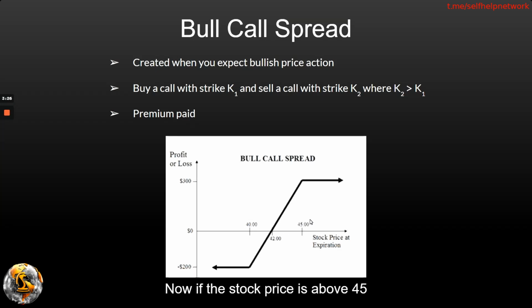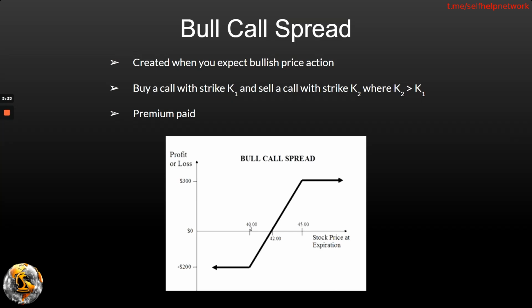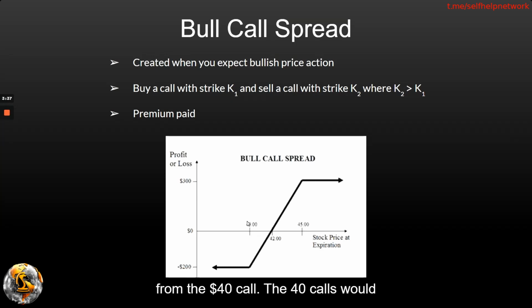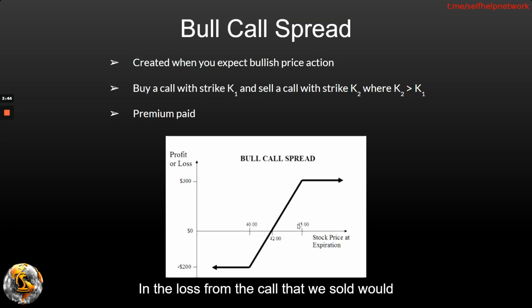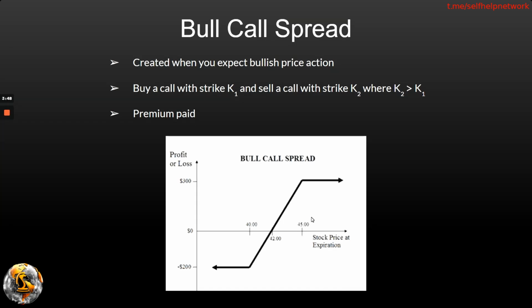Now, if the stock price is above 45 on expiration, in that case, our profit from the 40 calls would be stock price minus 40. And the loss from the call that we sold would be stock price minus 45.